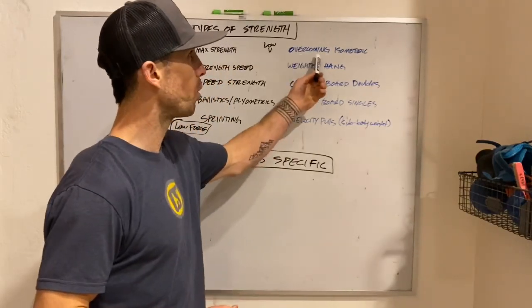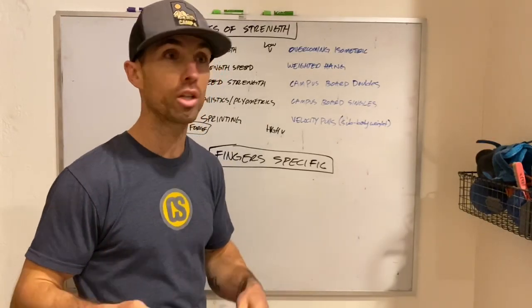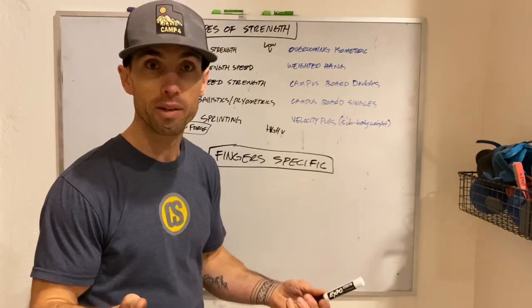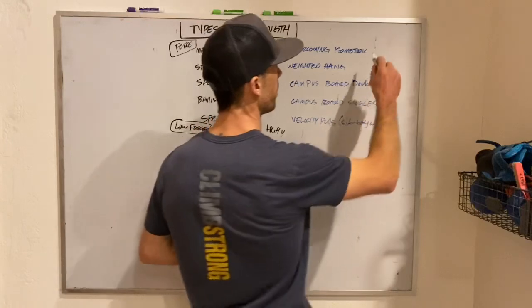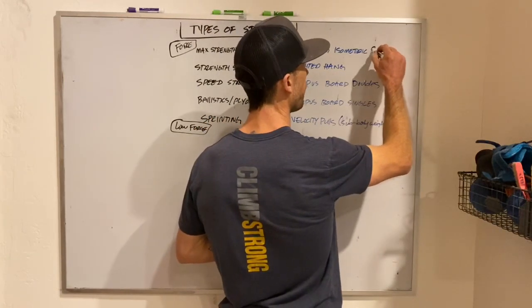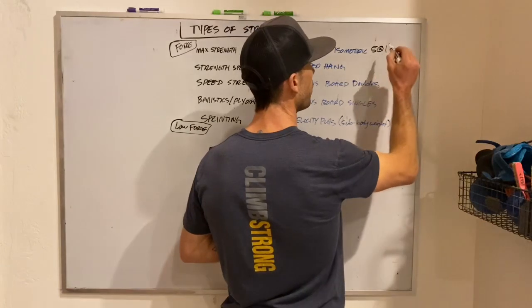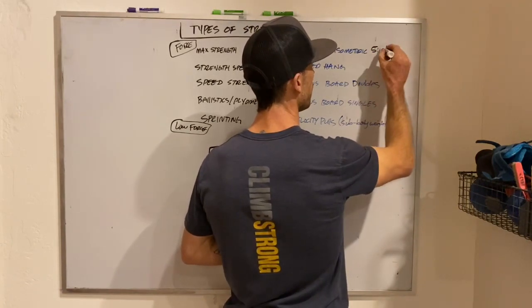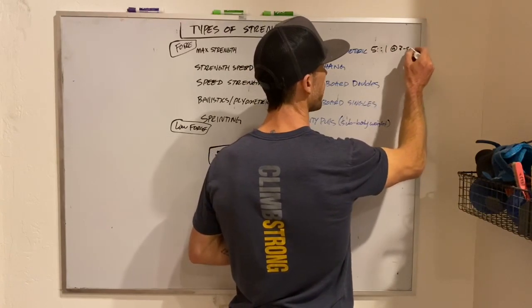But this will be a pull as hard as you possibly can with a very specific finger position on a specific edge size chosen for you, or your coach chose it for you. Same as we did with the pull-up, you would do 5 sets of 1 rep at 3 to 5 seconds, right?